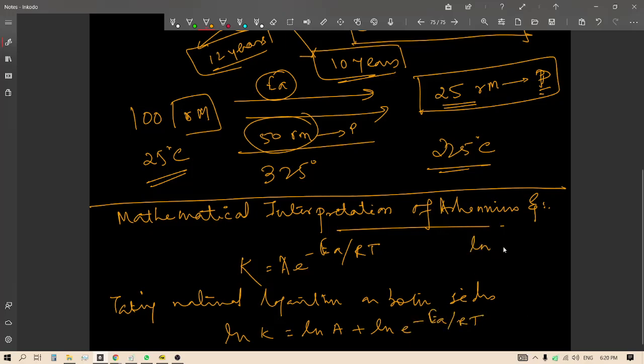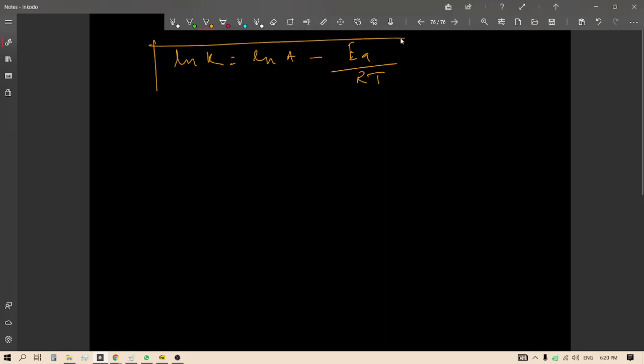Now ln and e cancel each other. Okay, so in the next page I can write ln k is equal to ln A minus Ea by RT.